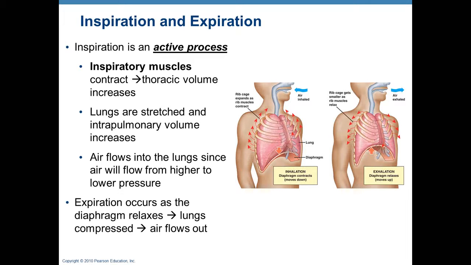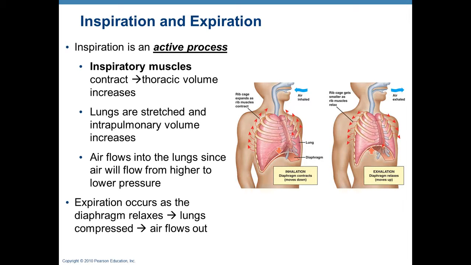All right, so what happens during inspiration and expiration? So inhaling and exhaling, what's actually going on? And some of this you've heard before when you studied the muscular system in Biology 201. Okay, first of all, inhalation is an active process, which means you have muscles contracting to make that happen.